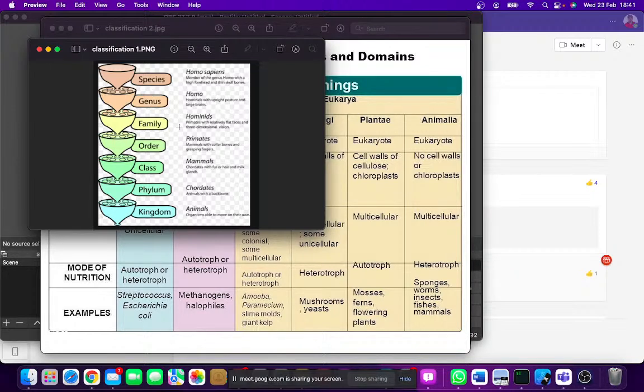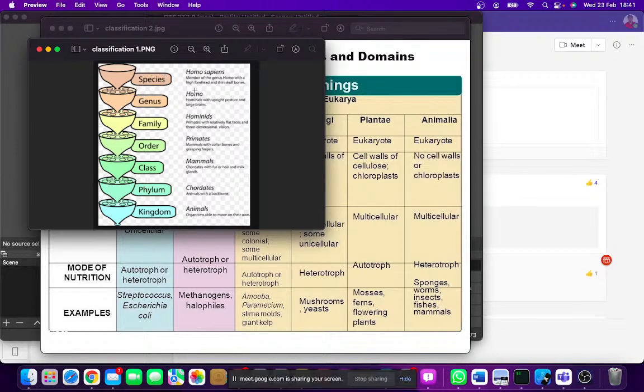We call it binomial nomenclature. Binomial nomenclature simply means giving living things two major names. The first name is from their genus name, or the generic name, followed by the second name from the species name.